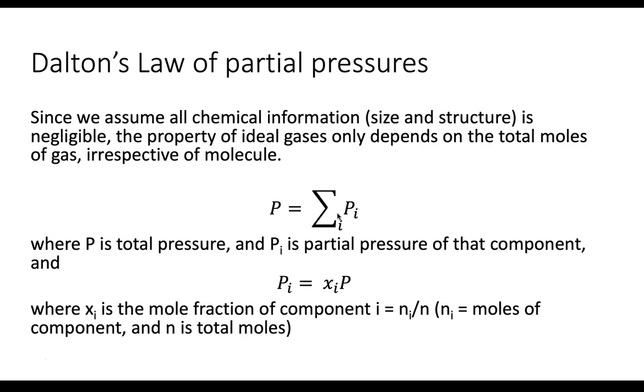It doesn't matter whether it's oxygen, nitrogen, or hexanes. It's just total moles because we're not really factoring in structure. And so the total pressure is the sum of the partial pressures. The partial pressure of any component is just the mole fraction, so whatever fraction of the total moles it is of that component, times the total pressure. So that's Dalton's law. And we'll use that throughout.